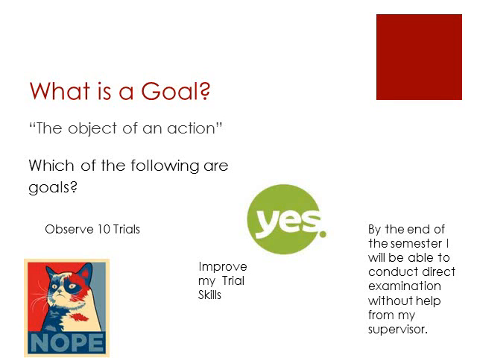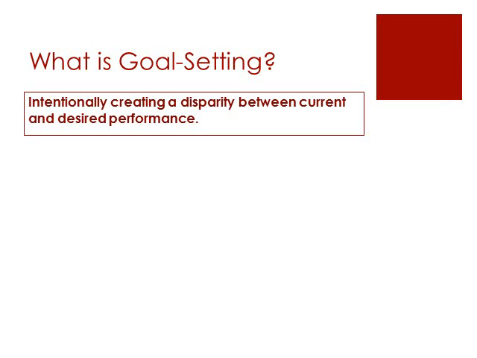So the next question, what is goal setting? Here's a definition that I think is useful. When you're setting goals, you're intentionally creating some dissonance between the current state and the desired state.